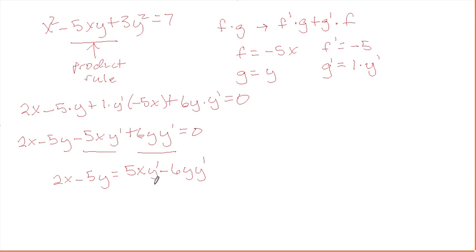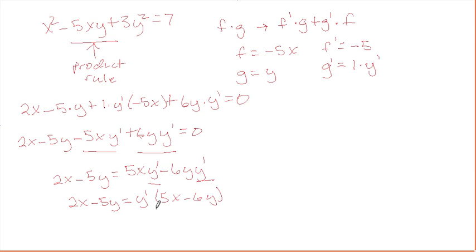And now we can factor out this y prime out of both these terms. So over here we have 2x minus 5y equals y prime times 5x minus 6y.